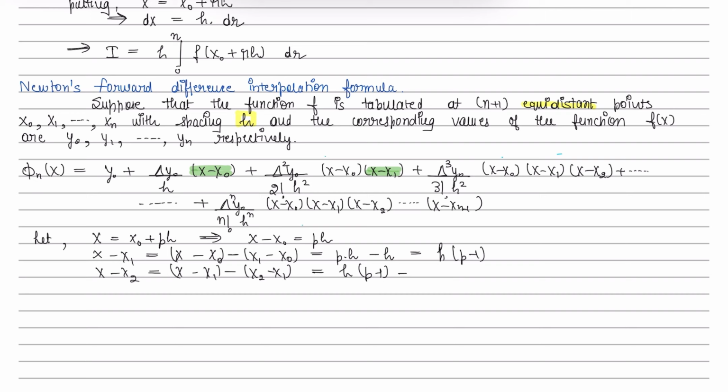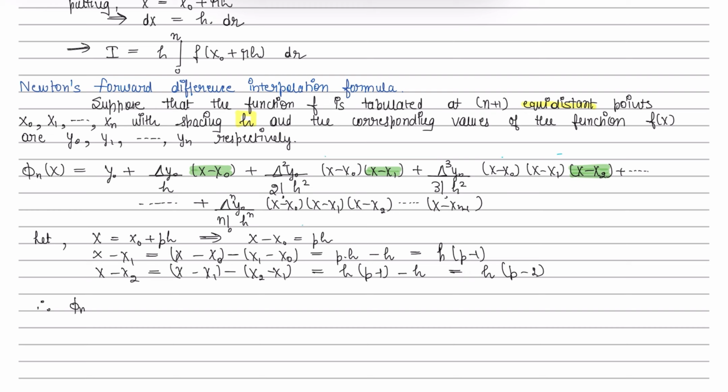This will be again h. So the final will be h into p minus 2, which will be replaced in the place of x minus x2 in phi n.